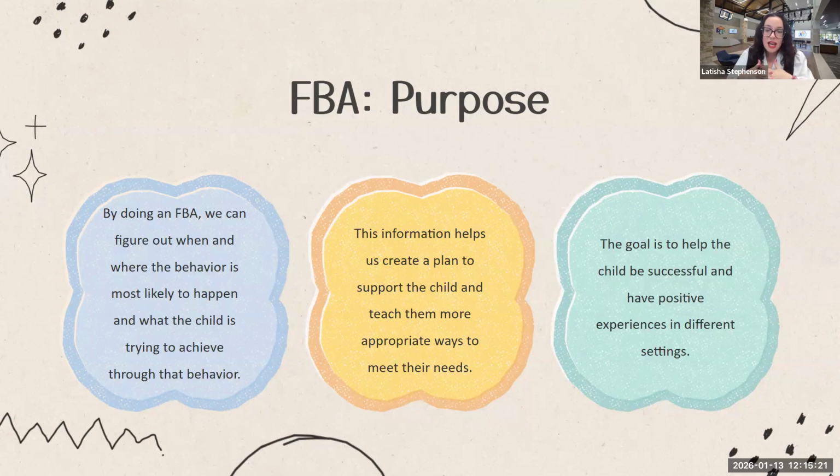When we do an FBA, we gather data from multiple places, from the teacher, direct observation of the student, school records, that full and individual evaluation, but we also try to get information from the parent because you have valuable insight into who your child is and what's going on with your child outside of the school. We don't have access to that information unless we ask you.